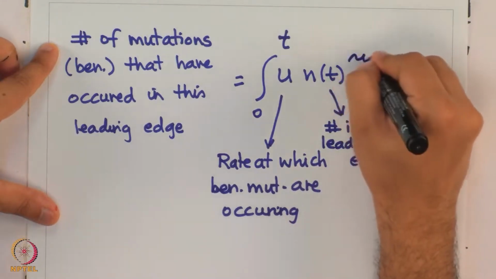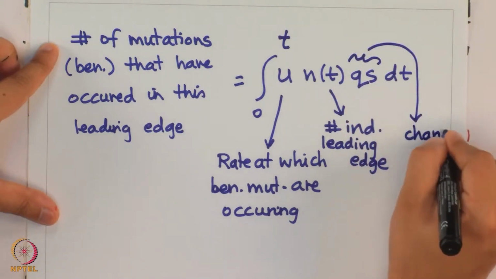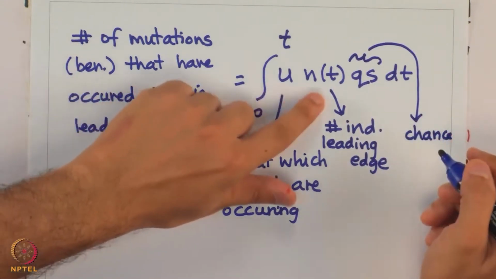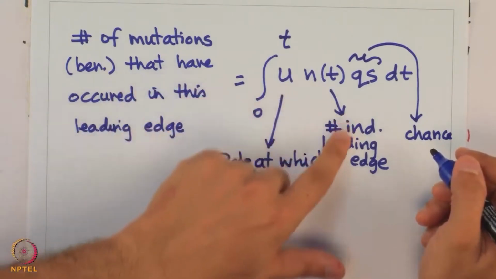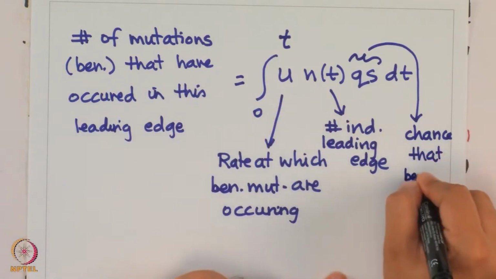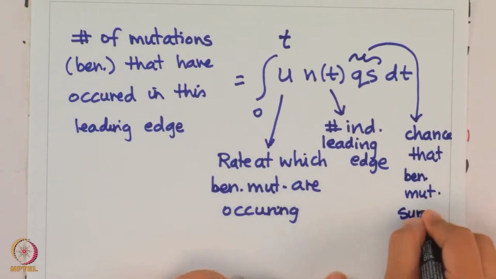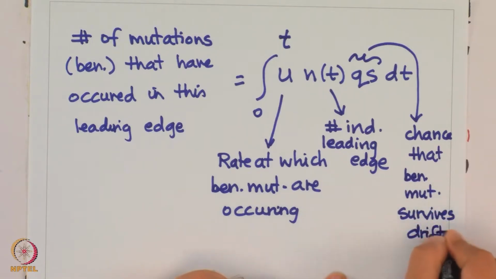and QS represents the chance that this beneficial mutation occurring out of this is going to survive drift.